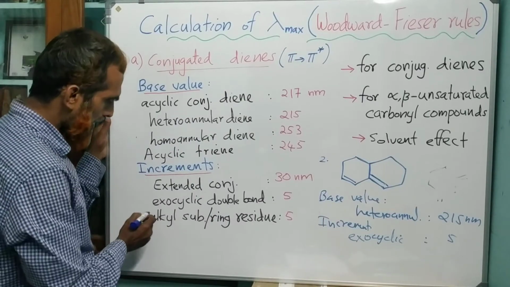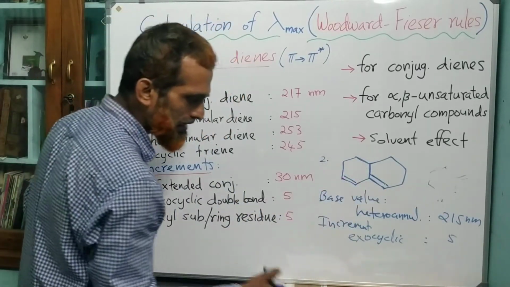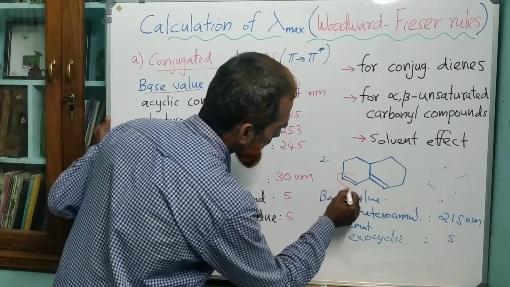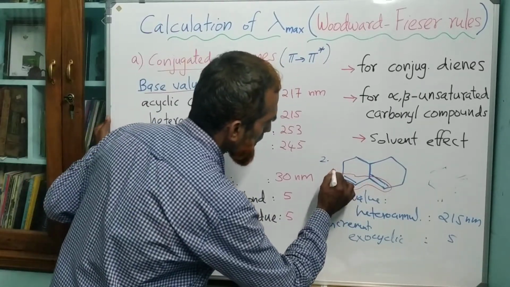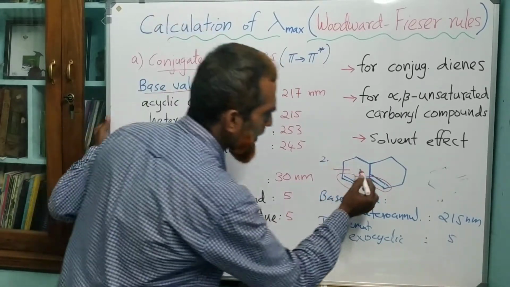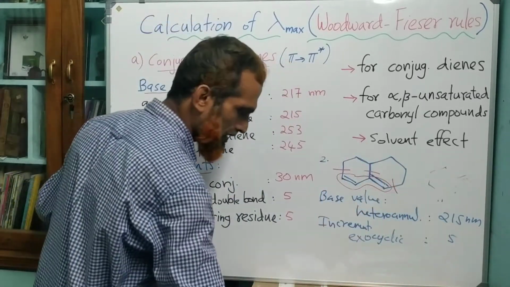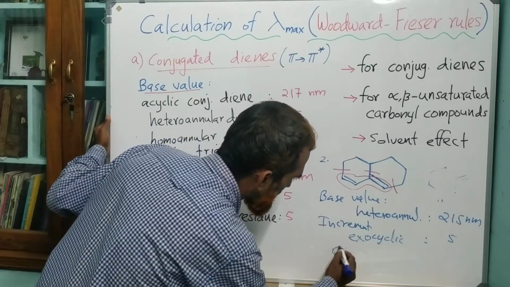And finally ring residue. No alkyl substituents, but ring residues are there. That means how do you fix it? See, this is your system, conjugated diene, and you check: this is one ring residue to this side, this is another ring residue, and this is another ring residue. So there are 3.